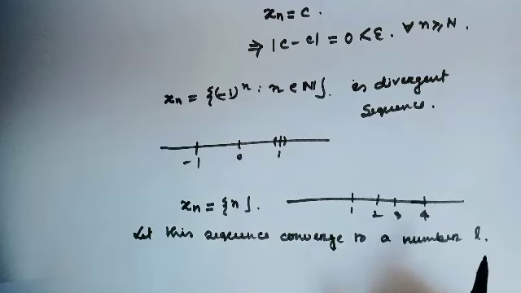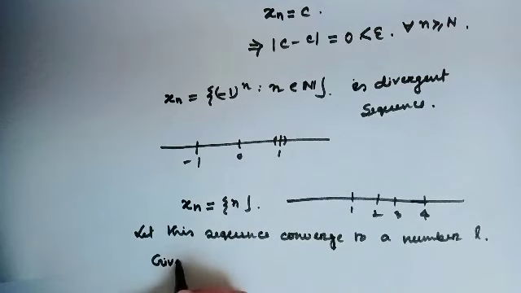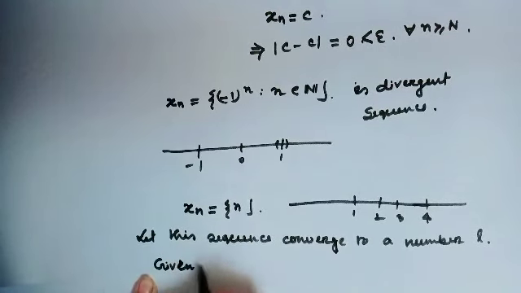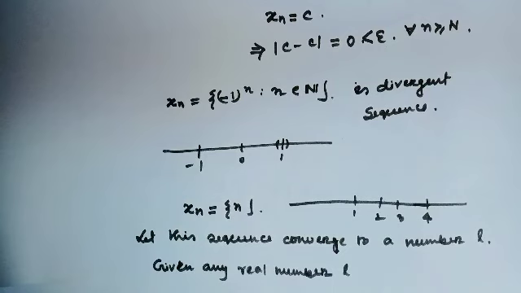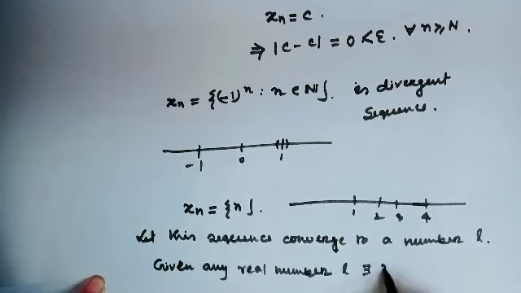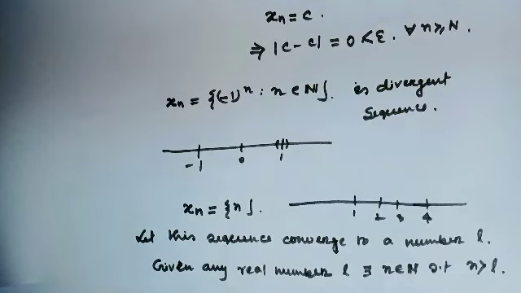Then by the Archimedean property, given any real number L, there exists n belonging to natural numbers such that n is greater than L. But what does it mean?